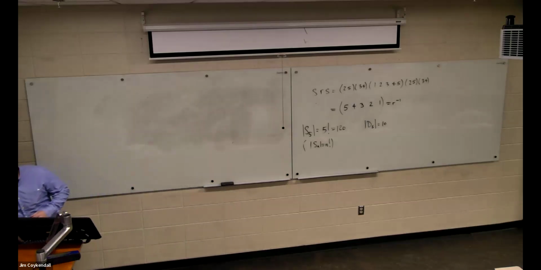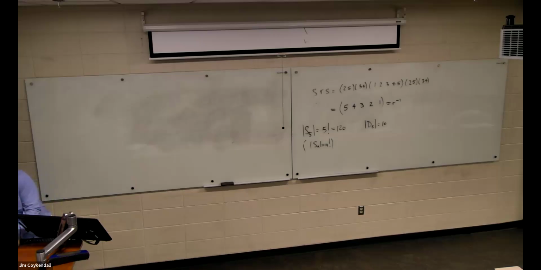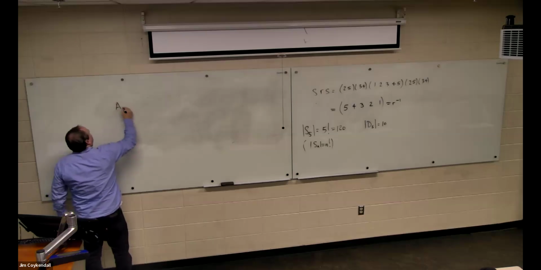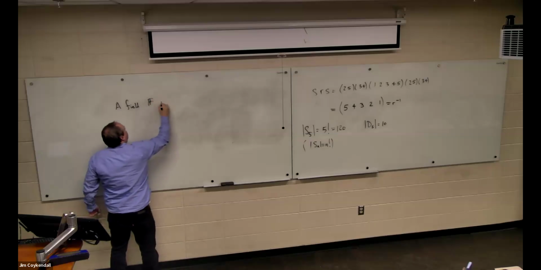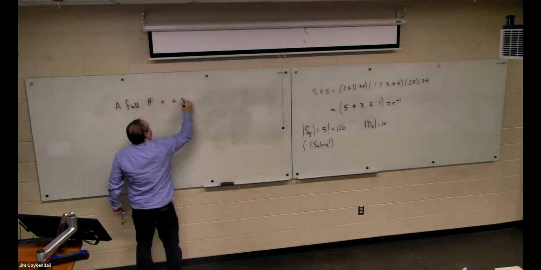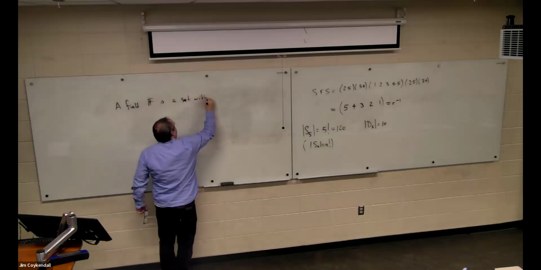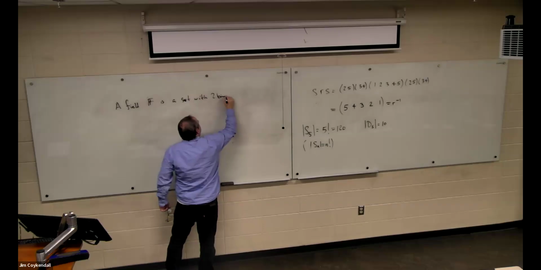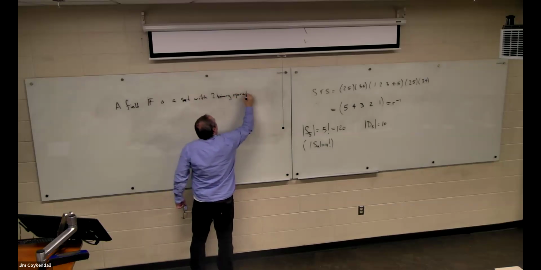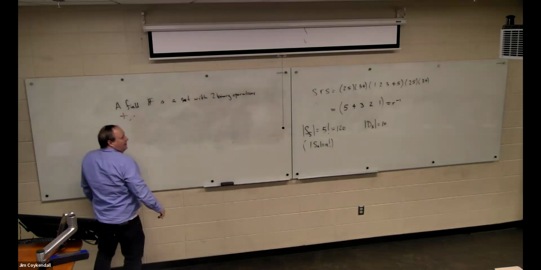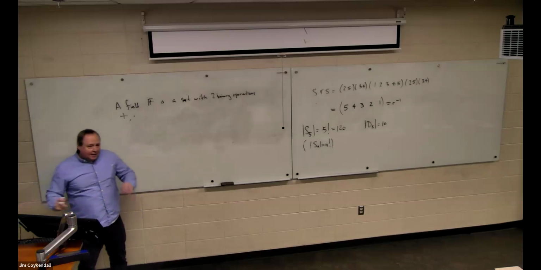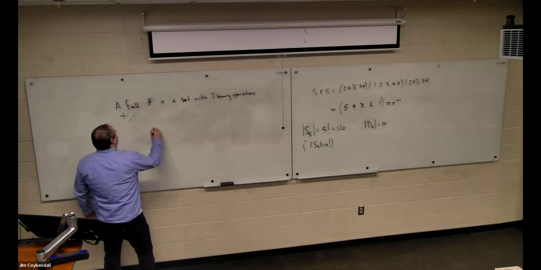So let's recall first that a field, we talked about this in the homework, is a set with two binary operations that are denoted addition and multiplication.